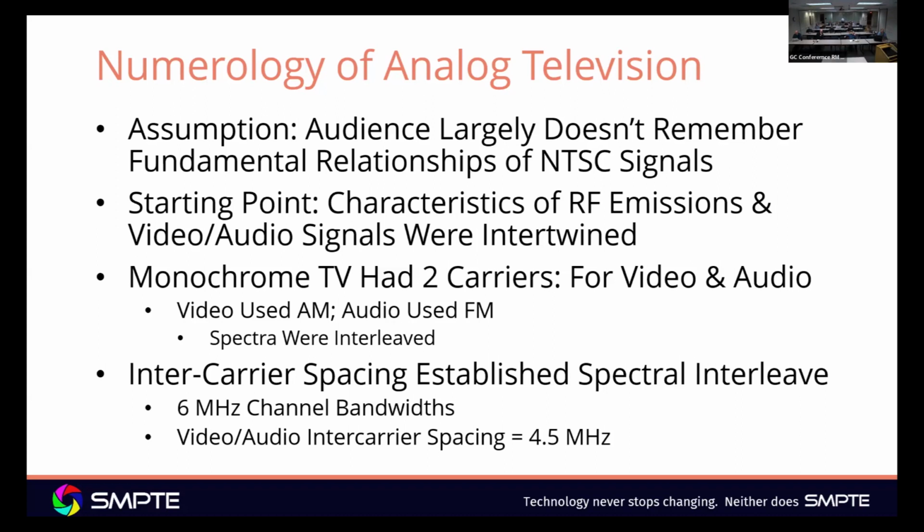So start with the idea that the monochrome system, which existed before color, had two carriers, video and audio, with video using AM and audio using FM. And as I said, looking around the room, I'm probably telling you things that you know and remember, but we'll go there anyway.